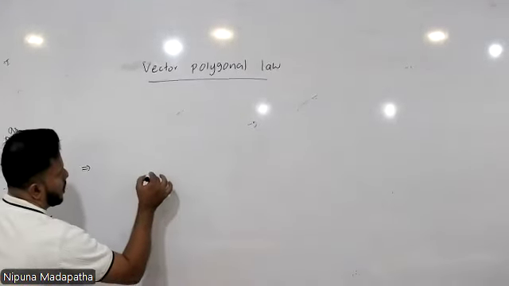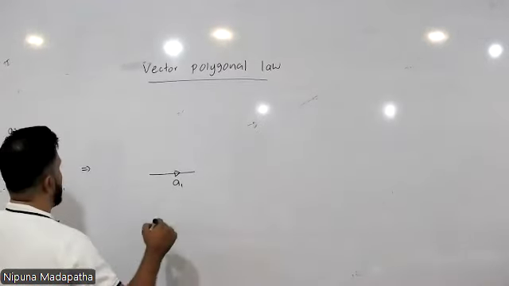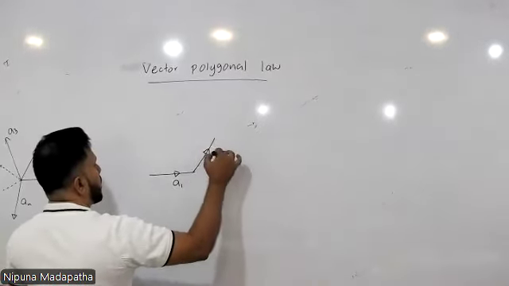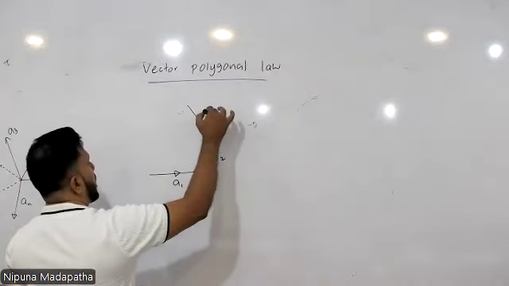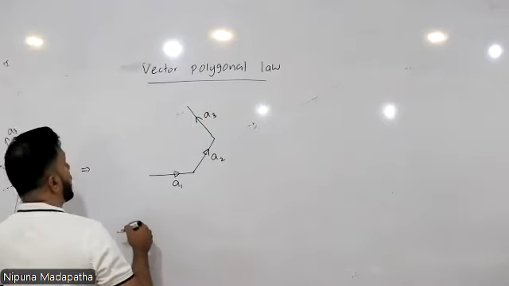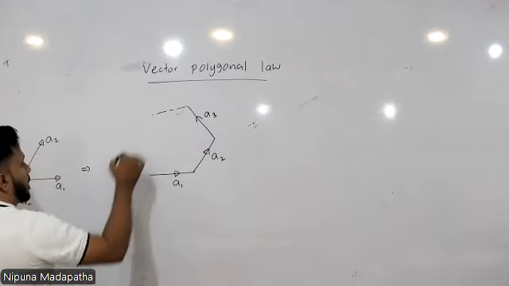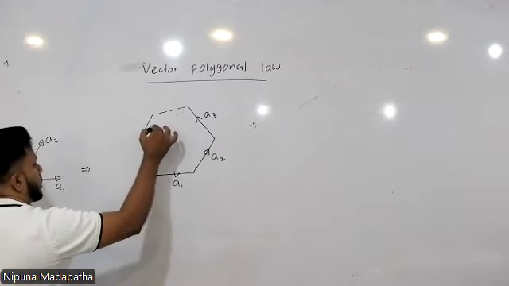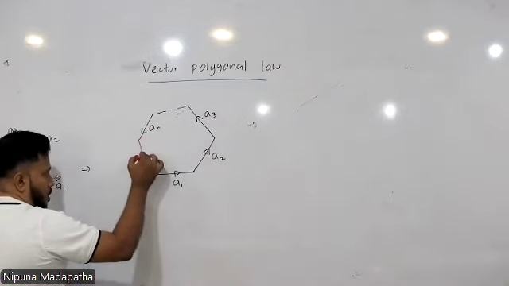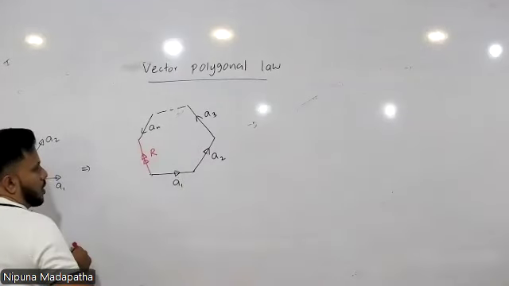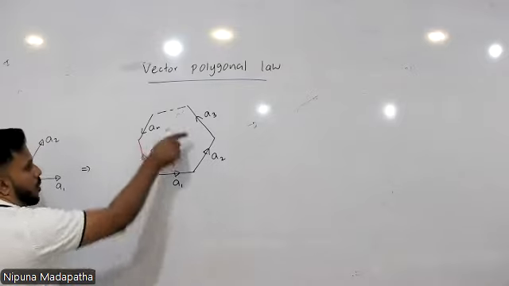So this is the polygon. This is not drawn to scale, so don't consider the directions here. This is only to symbolize the polygon law. The closing side is the one that gives the result, and the direction of the closing side must be in the opposite order.